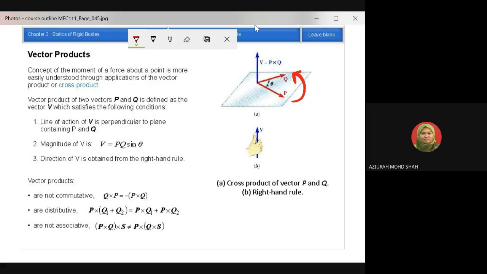Sama macam arrow tu, then automatically you akan dapat arrow untuk V. Direction is obtained from the right hand rule, where thumb kamu tu akan tunjukkan direction untuk V. So dia akan jadi J positif. Bila counter clockwise kamu akan dapat dia ke atas. Okay, ini adalah P cross Q.